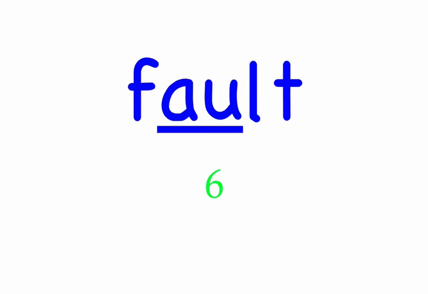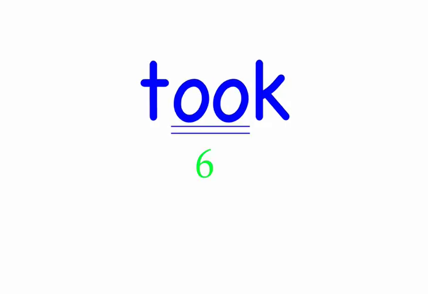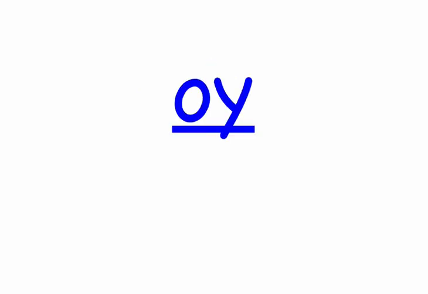Stood, 4 sounds: s, t, d. Again, the word is pronounced stood. If oo were representing its first sound, it would be pronounced stewed. Took. He took everything he could. Took, 3 sounds: t, k. Ploy. This maneuver is just a ploy to trick us. Ploy, 3 sounds: p, ul, oi.